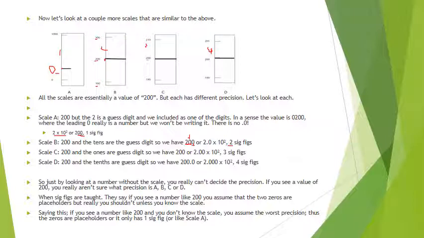So you're sure of 2, 0, and then you're allowed one guess digit, because you're sure of the tens, so you're allowed to go to the ones, and so now you're allowed to put the other 0. That's if it falls right on that point right there. So now you have 2.00 times 10 to the second, and it's 3 sig figs.